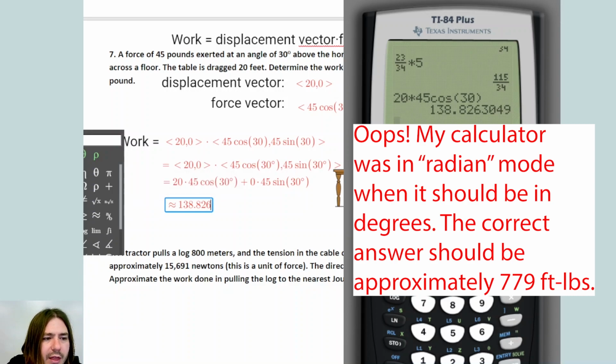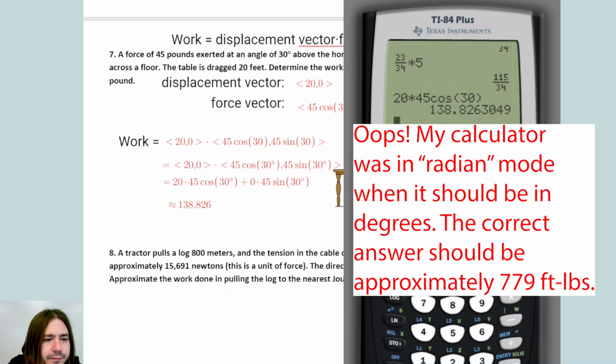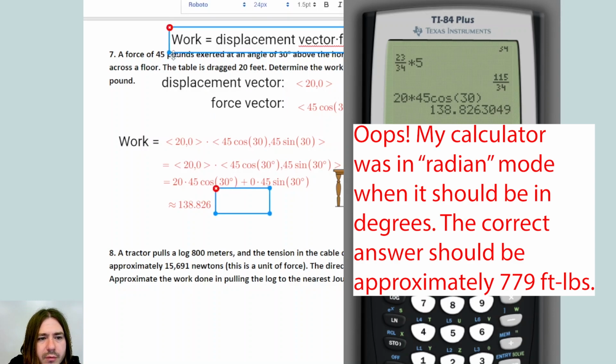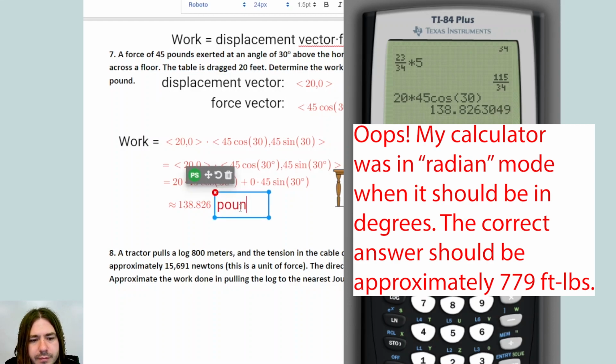Now, as far as the units are concerned, this is going to be pound feet. It's kind of a weird unit here.